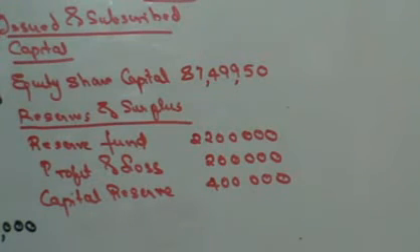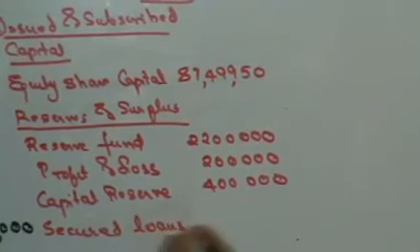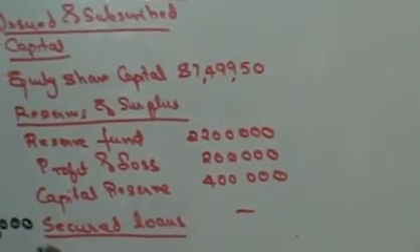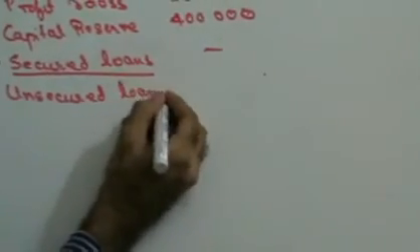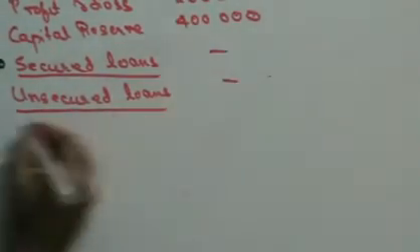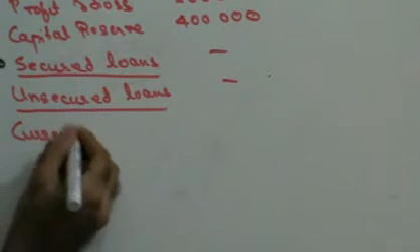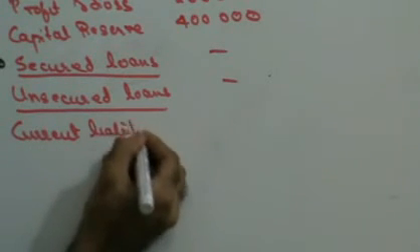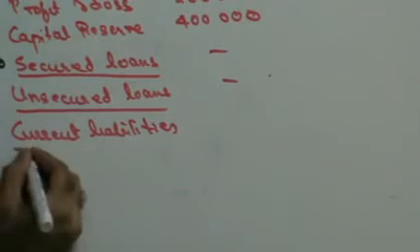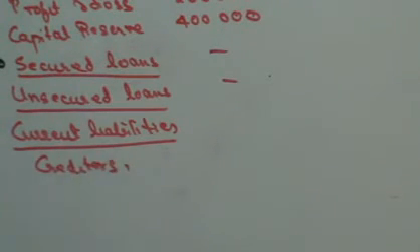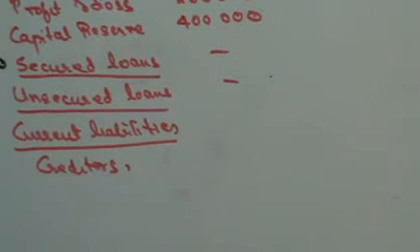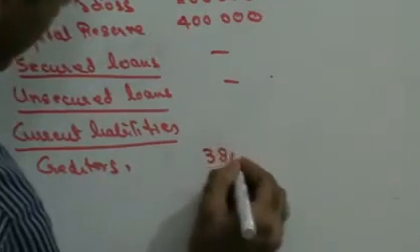Then secured loans, nil. Unsecured loans, nil. Current liabilities. Under current liabilities you have creditors. You already had 1,80,000, you took over 2 lakhs, so 3,80,000.